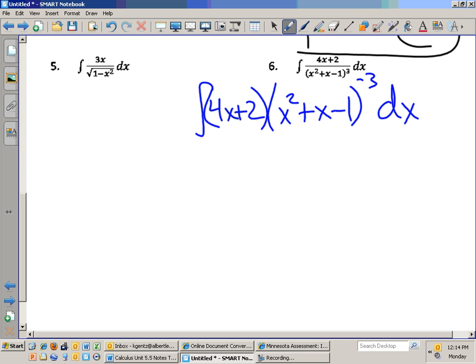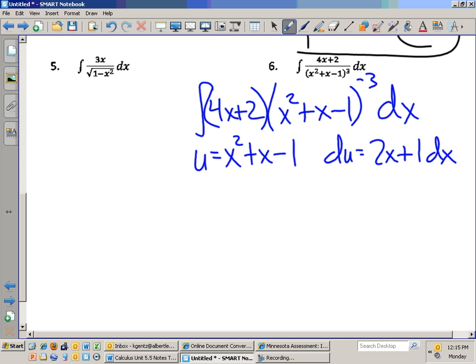So I rewrote it like that. What is u? X squared plus x minus 1. So du is equal to 2x plus 1 dx.